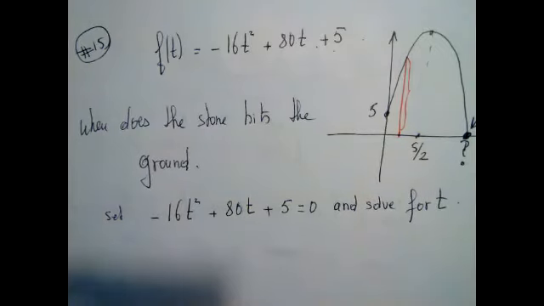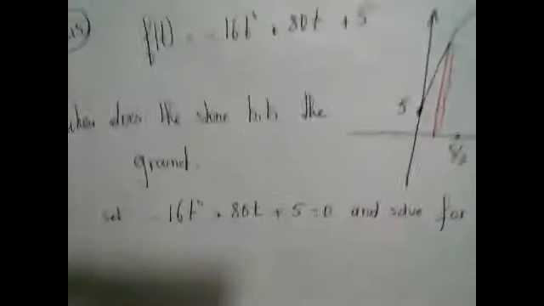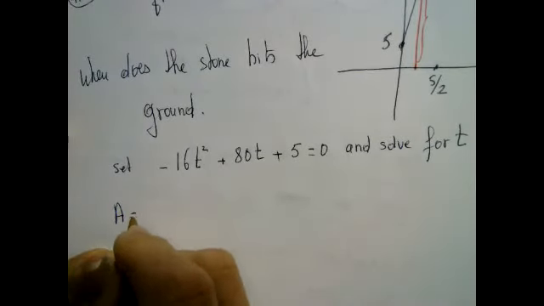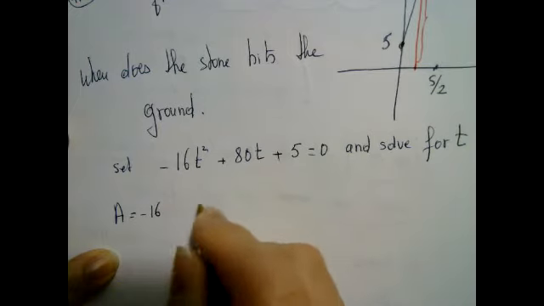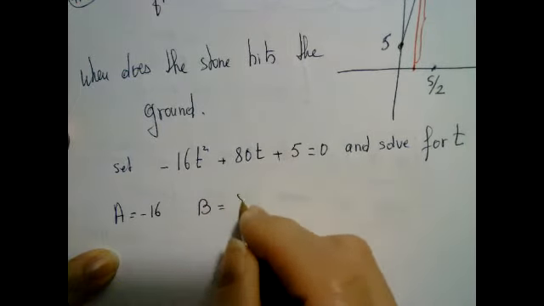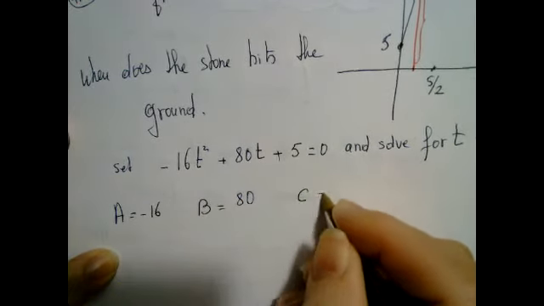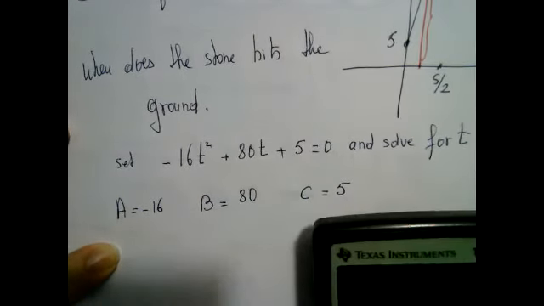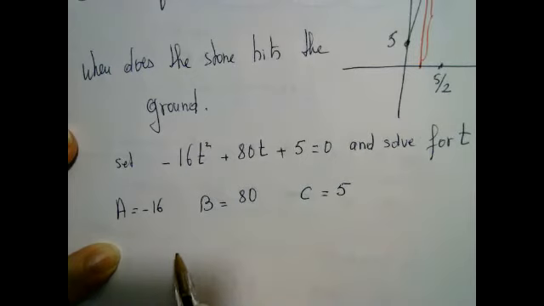Now, of course, just by looking at it, factoring this is actually impossible. So that's where the quadratic formula comes into the picture. My A here is minus 16, my B is 80, and my C is 5. You start computing because you're faster than me.